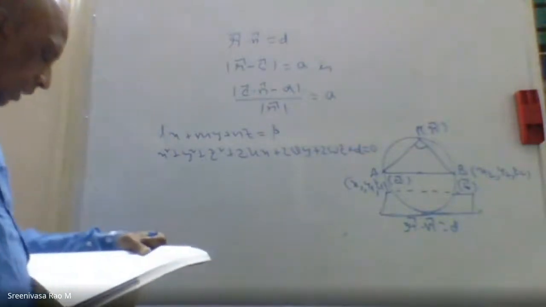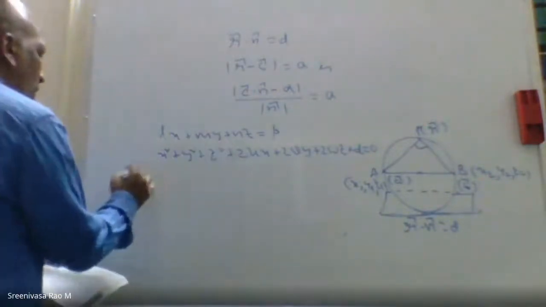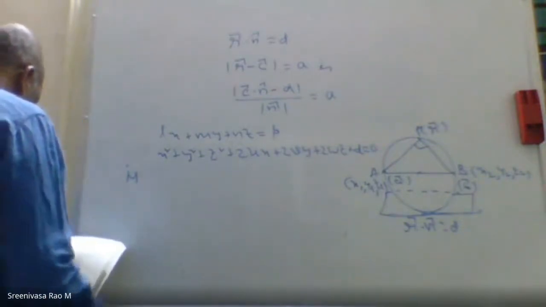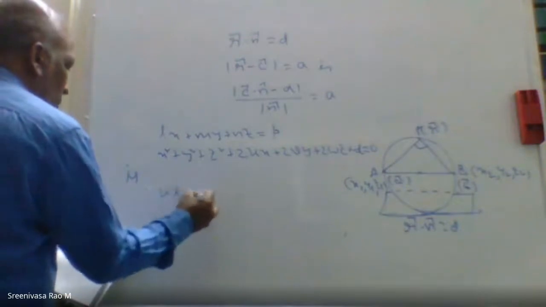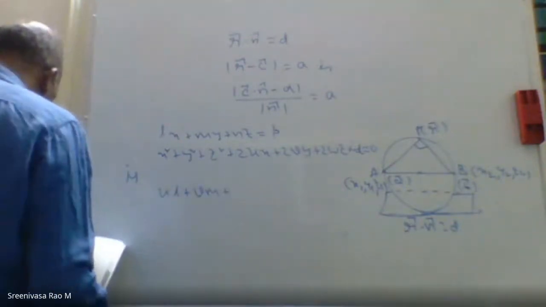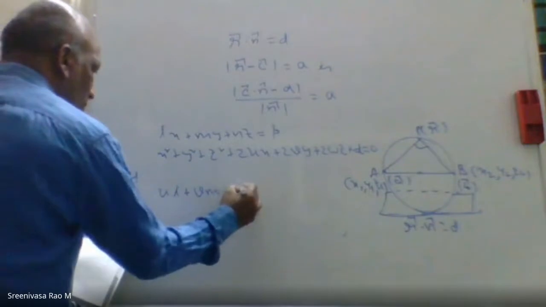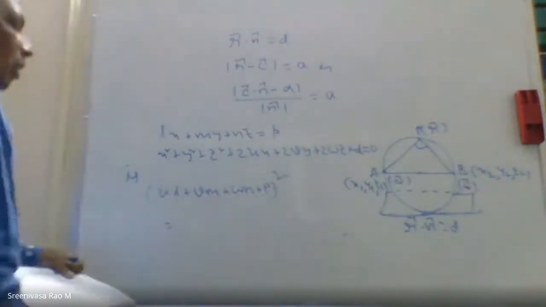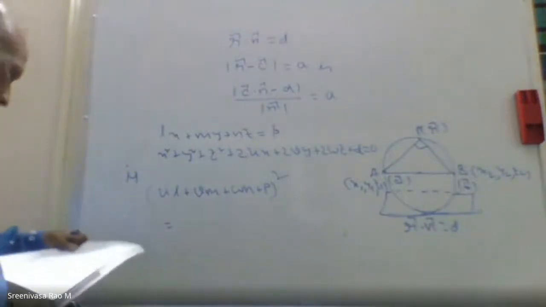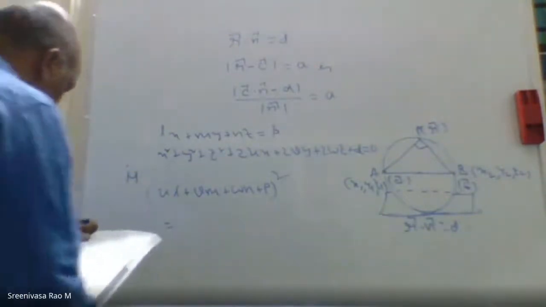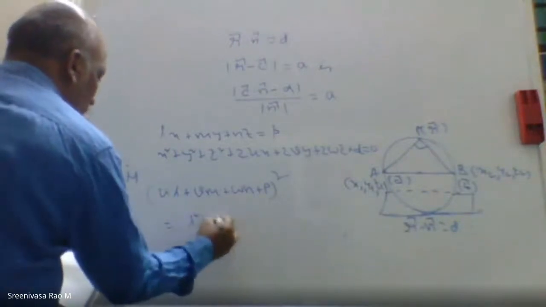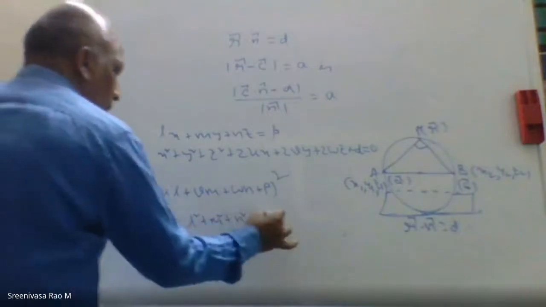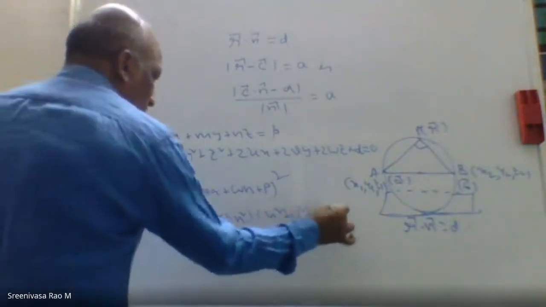You can write this condition. You can substitute (ul + vm + wn + p) whole square equal to (l square + m square + n square) into (u square + v square + w square minus d).